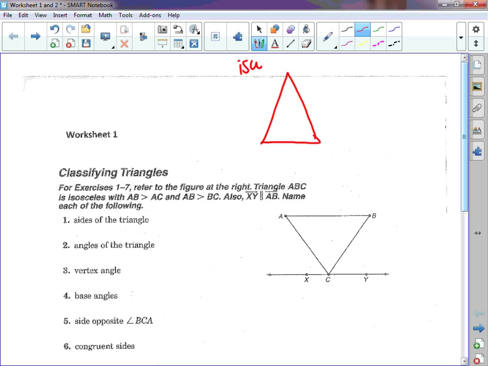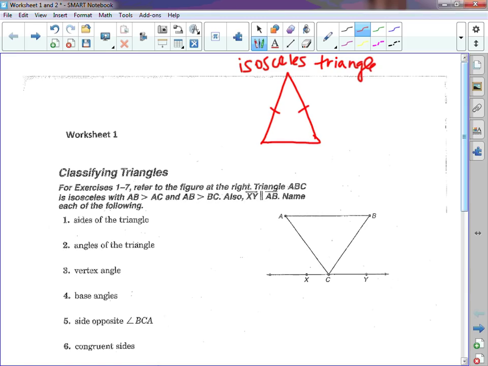Okay, so this is isosceles. Alright, so isosceles triangle, the 2 sides that are the same length, we'll go ahead and mark with this notation.